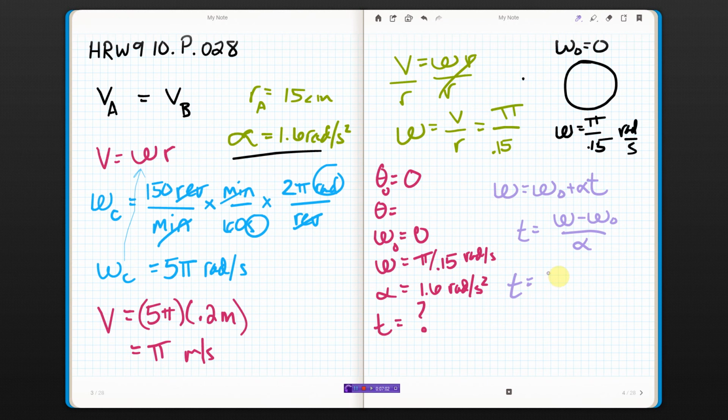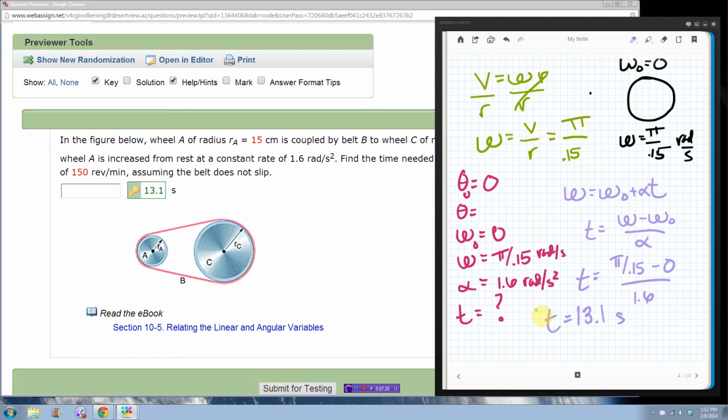This is pi over 0.15 minus 0, all over 1.6. Pop it in the calculator, and I get 13.1 when I round it. Seconds. Let's go check that. Yes indeed, 13.1 seconds is the answer.